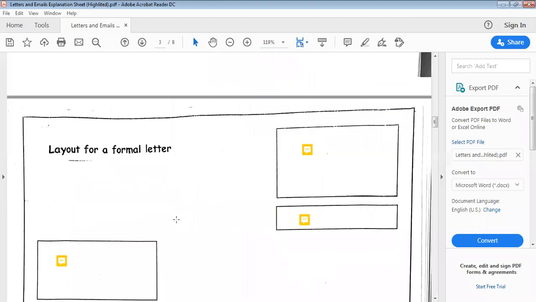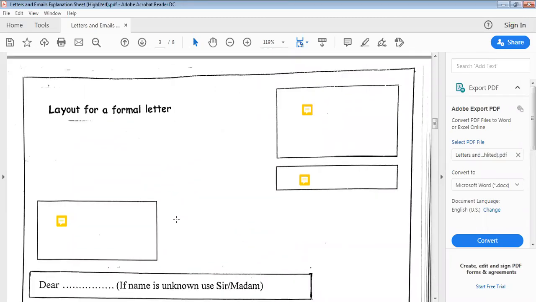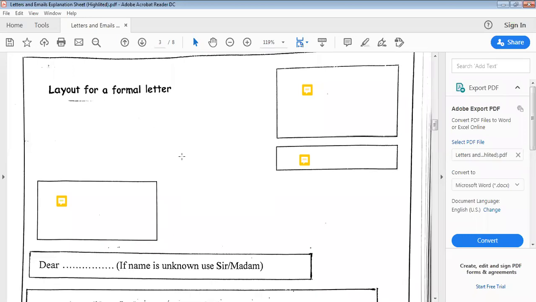Okay. I want you to take a look here at the next page. This is the layout for a formal letter. How do I write a formal letter? Of course, I start with the sender's address. As I said, it is not a must, but you may come across it in a reading text, so you should know it.